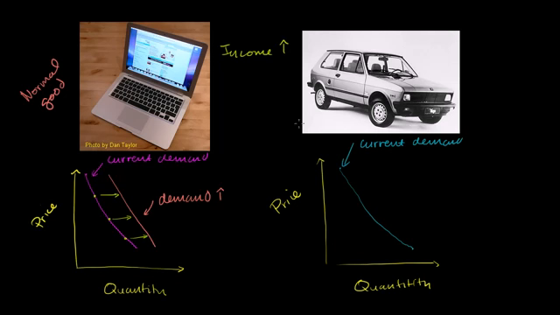Now let's think about what happens with the cheapest car on the market. And let's assume that we are in a developed country where almost everyone has some form of a car. Now, what happens when income goes up? So people have more money, but are they going to spend that money buying the cheapest car on the market?